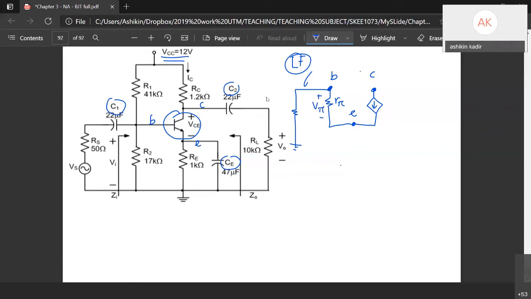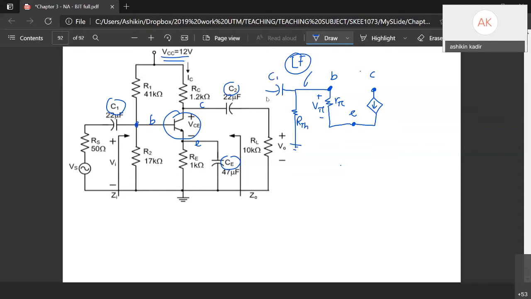From the previous class, R1 and R2 we have already calculated as RTH. And then from the base, you have C1. You need to draw C1.